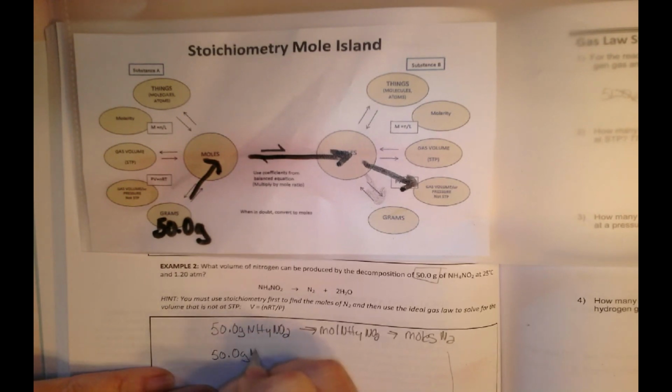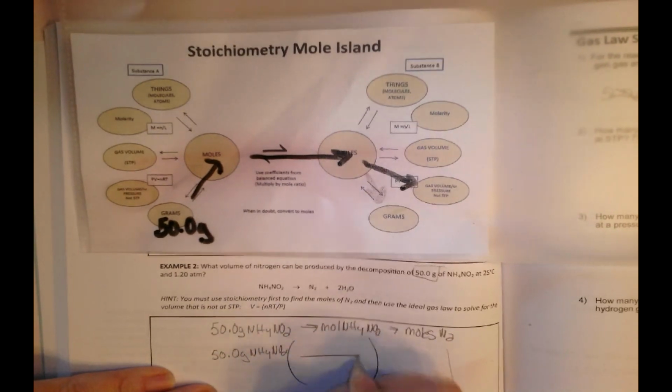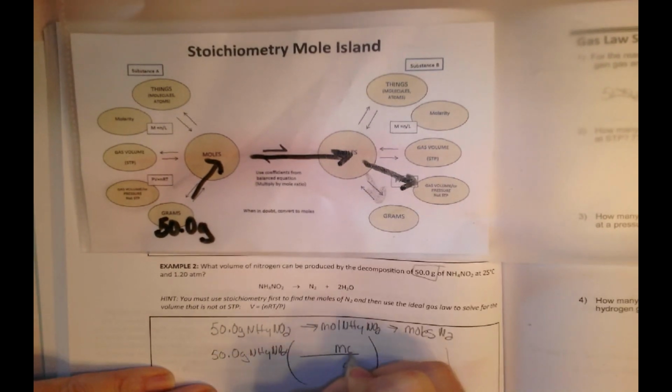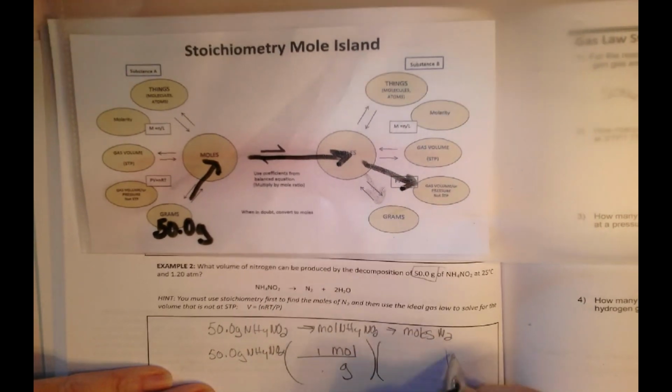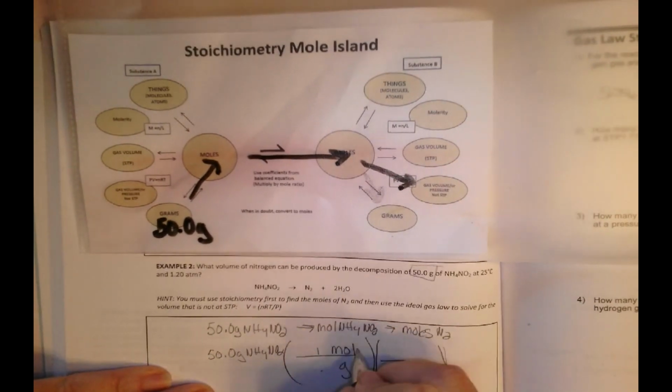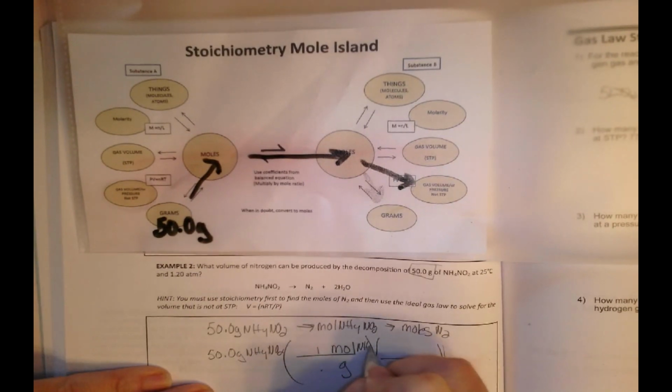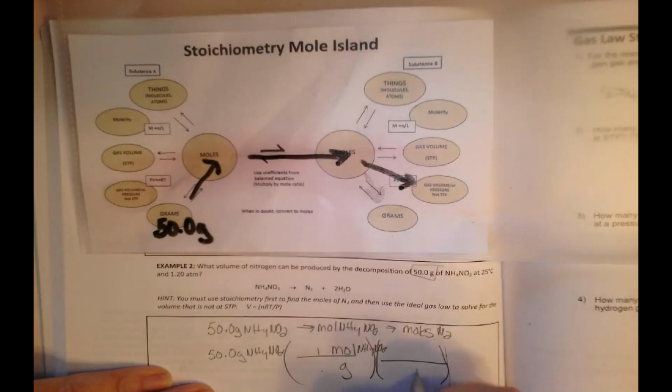50.0 grams of NH4NO2. I don't want grams, I want moles. Okay, for every 1 mole, I'm going to get some grams. I'm going to figure that out later. And I don't want moles of NH4NO2, so I'm going to put it on the bottom.